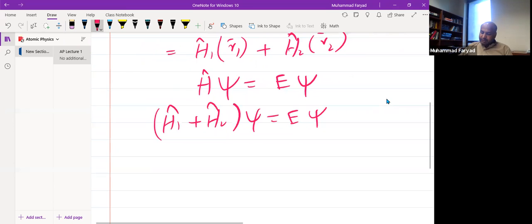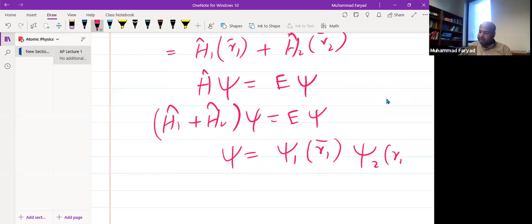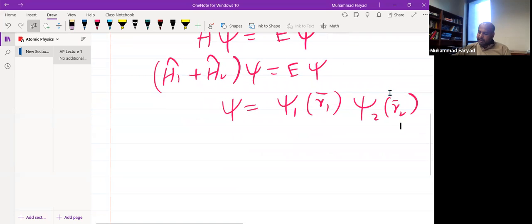Since we have two terms that are independent of each other, we can try a solution psi which is a product of two terms. One term depends on R1 only, and another term depends on R2 only. This is called separation of variables, and hopefully you would have studied this technique already in some quantum mechanics course.